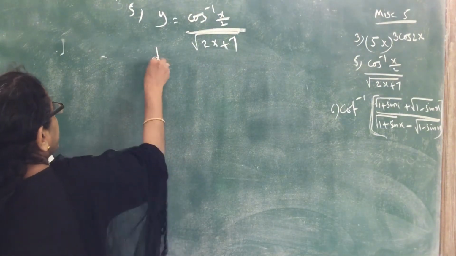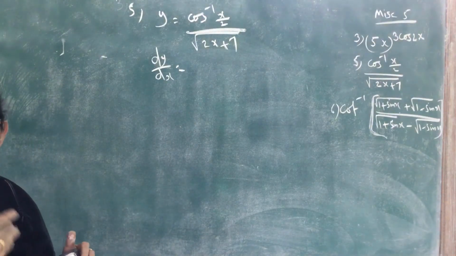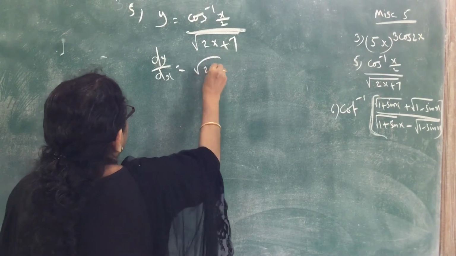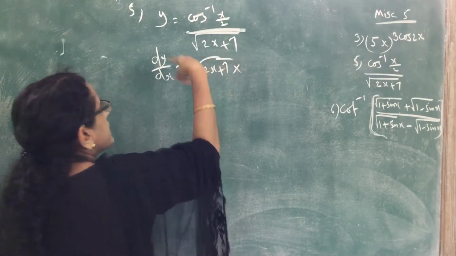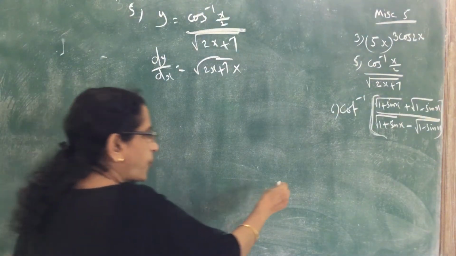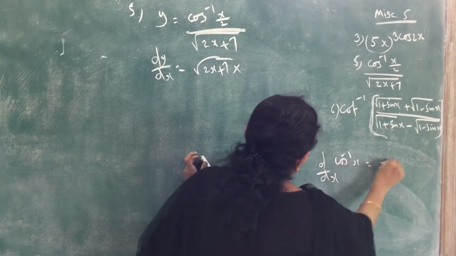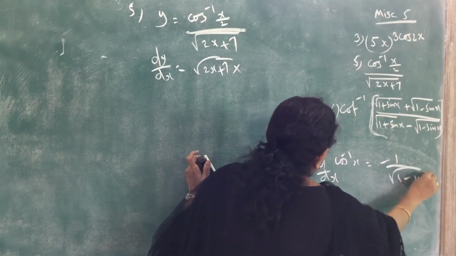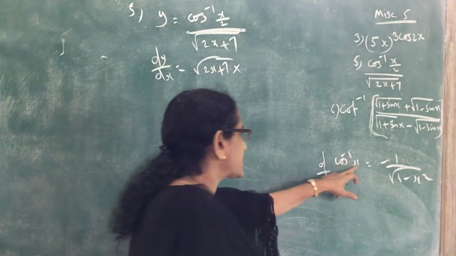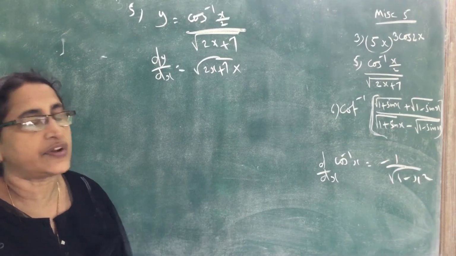So dy by dx equals, by the quotient rule, denominator into derivative of numerator minus numerator into derivative of denominator. So denominator, root of 2x plus 7, into derivative of numerator, that is derivative of cos inverse x by 2. The derivative of cos inverse x is minus 1 by root of 1 minus x square. So for cos inverse x by 2, in the place of x it is x by 2, then multiply by derivative of x by 2.